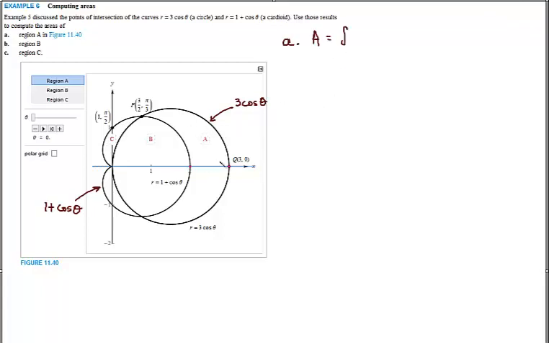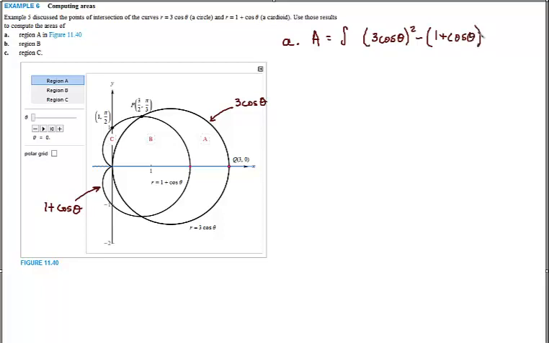For region A, that's this region here, I see that the outside curve is 3 cosine theta, so that's going to be my (3 cosine theta) quantity squared minus that inside curve, which is the (1 plus cosine theta) squared.